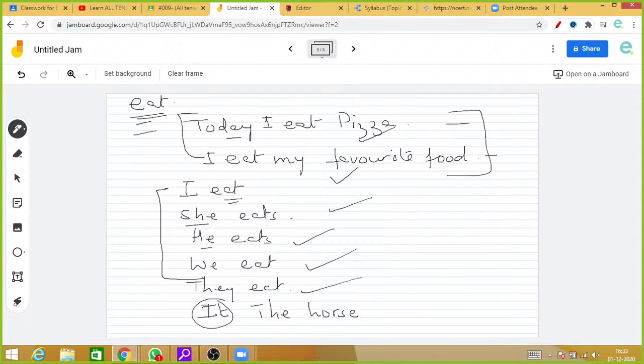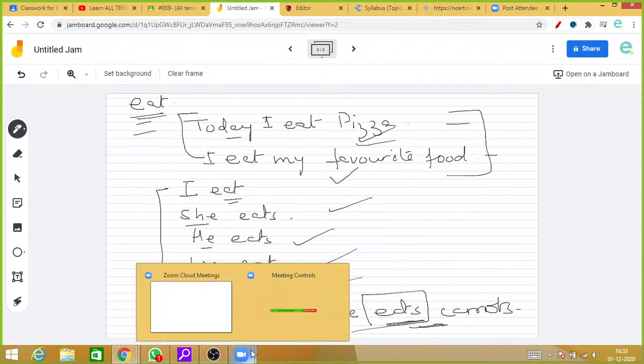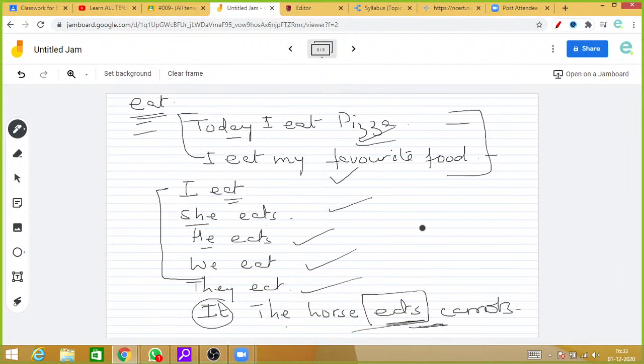The horse eats, say, carrots or whatever. Like you eat pizza, so the horse eats. क्या हो जाएगा? Eats बन जाएगा. Okay? Yes or no?